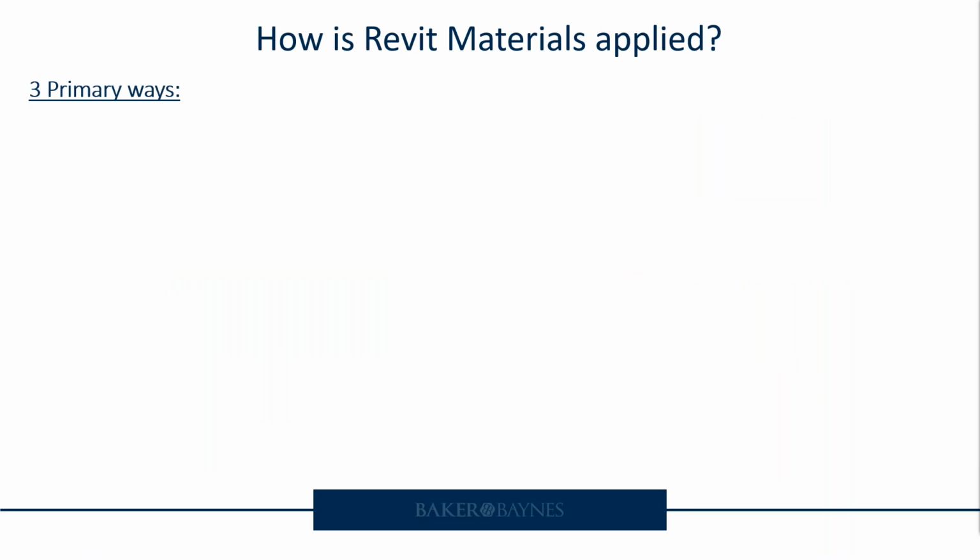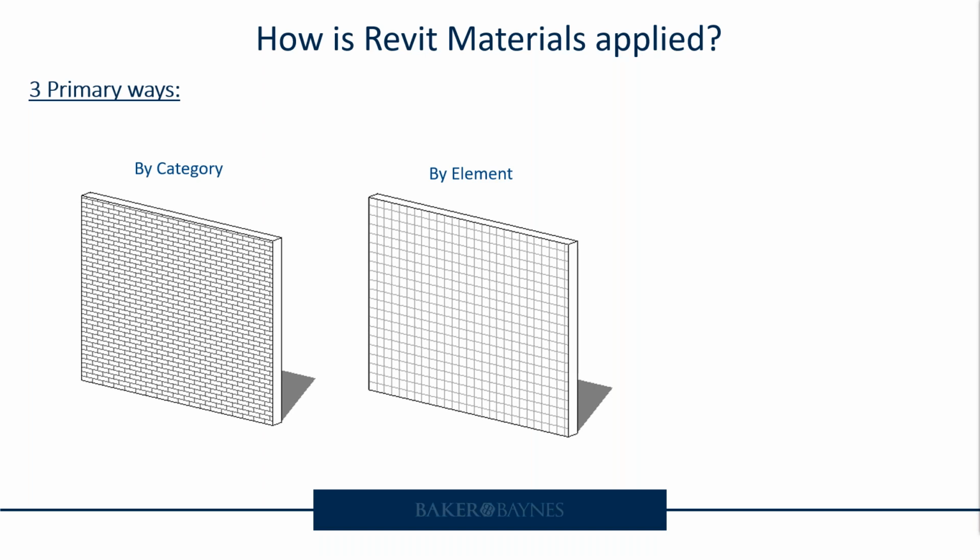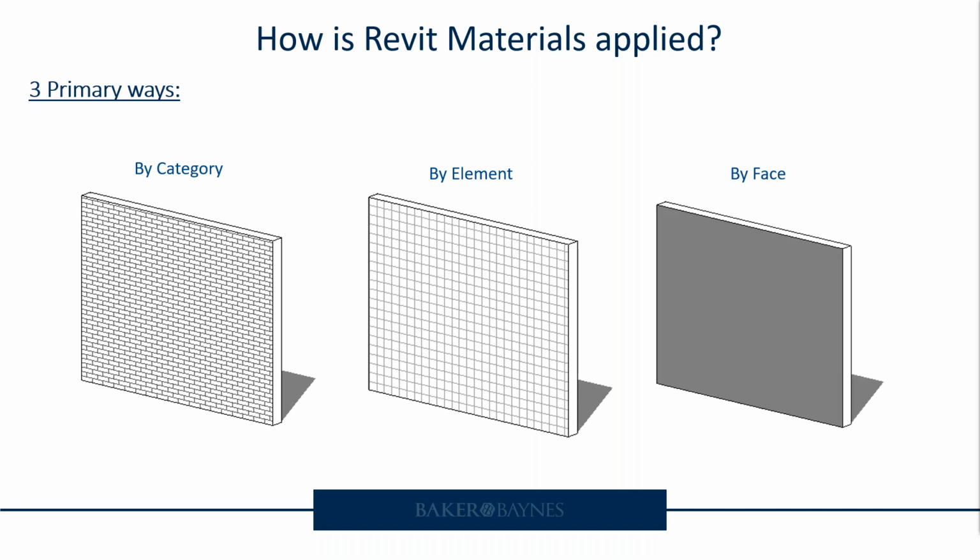Then there are 3 primary ways in which a Revit material is used or applied in a model. First of all, by category, or by element, and then by face. We will be discussing each of these in detail just now, but just notice the appearance of the 3 walls. The first has a brick pattern that is assigned by category.